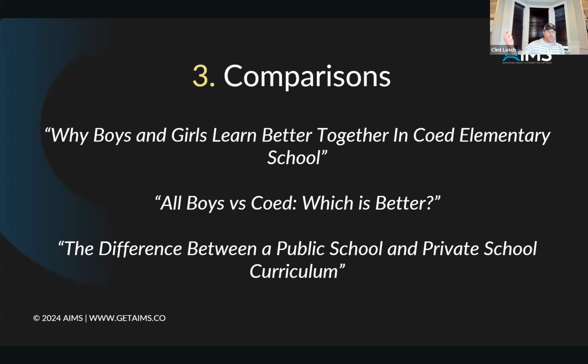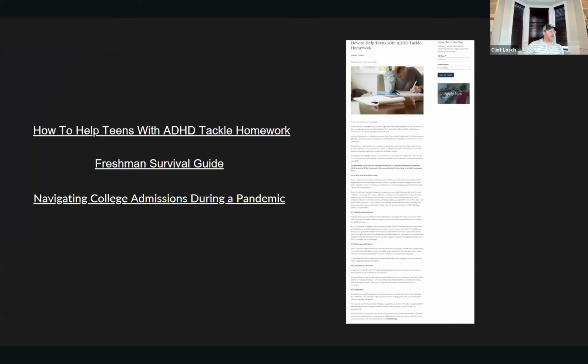Next category are comparisons. Wait, can I raise a hand? I just wanted to mention something that's clicking for me. As you were talking about this, one of the toughest things for us right now is trying to target specific grade levels.